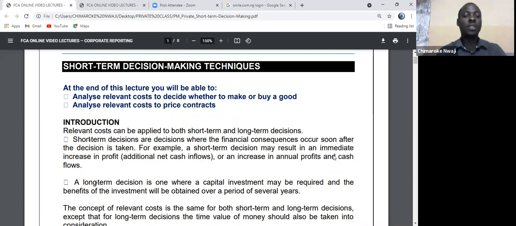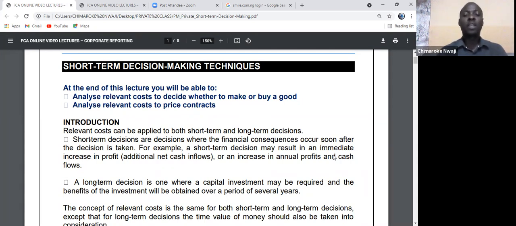Now, short-term decisions are decisions where the financial consequences occur soon after the decision is taken. It occurs almost immediately, or if it takes a while, it is just a short time.